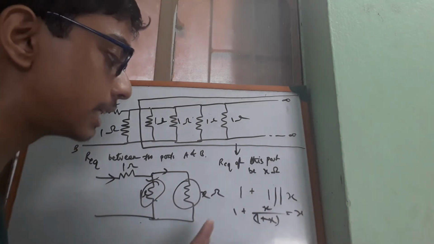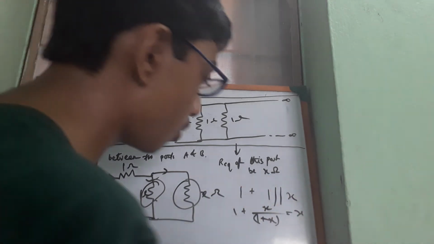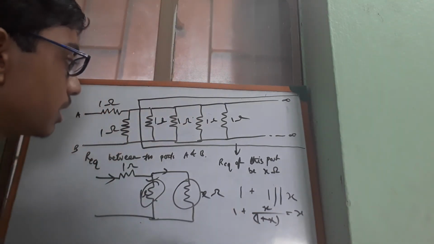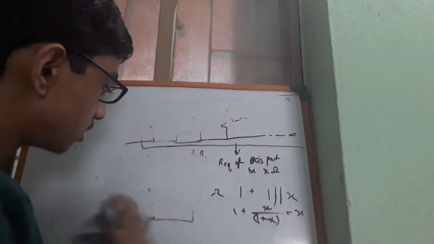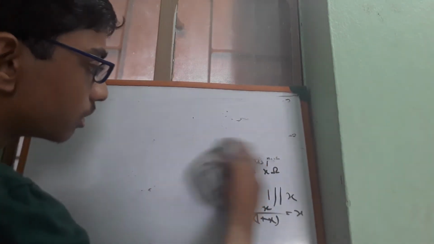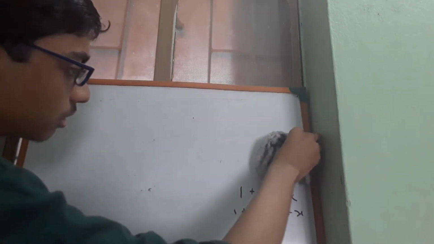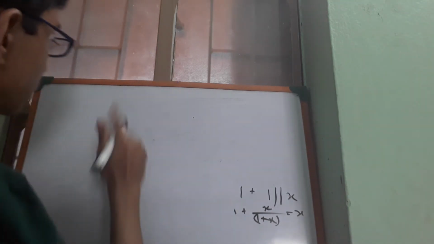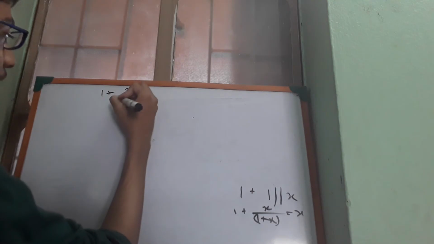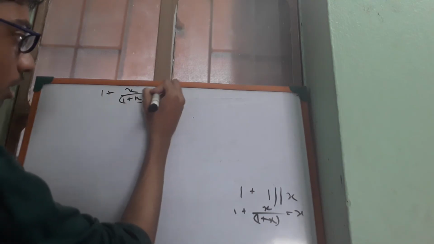We must have a right-hand side; if we don't, how will we solve it? So now you see, 1 plus x over 1 plus x is equal to x.